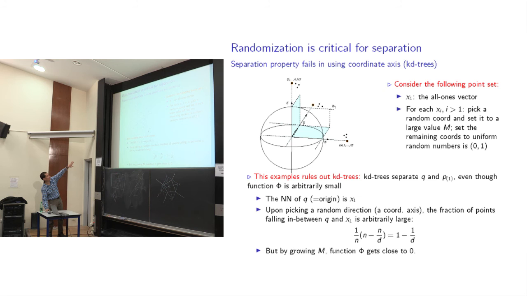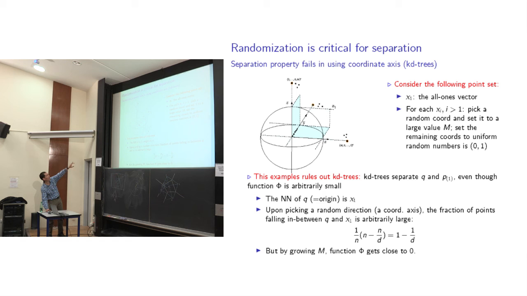But in doing so, all the points which are not associated with x1 here, they would project in between q and the projection of x1, right? So look, for example, this point x3 here, if I was to project it here on the axis x1, it would be sitting here.